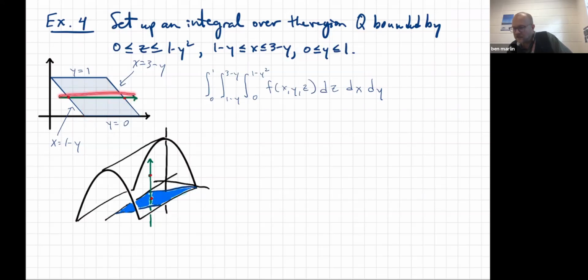So integrating dx first, you draw your arrow across and you're hitting each of those curves in turn. And then you have to say, how far up and down does my y go? And it just goes 0 to 1. So we just have those cutoffs there, and then we get it done. Sometimes the question just asks you to set up, doesn't ask you to do everything about it.